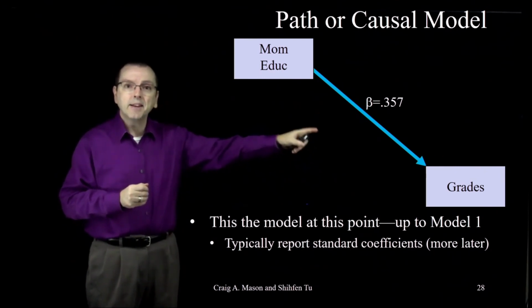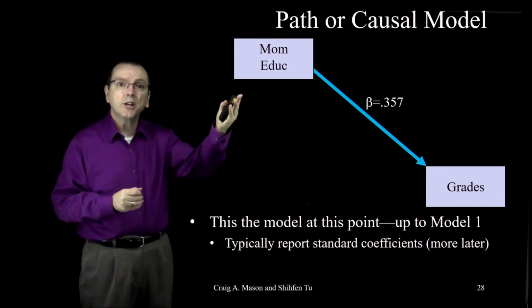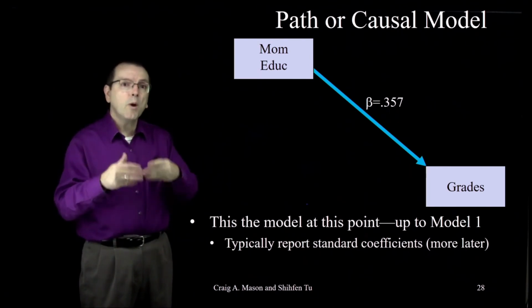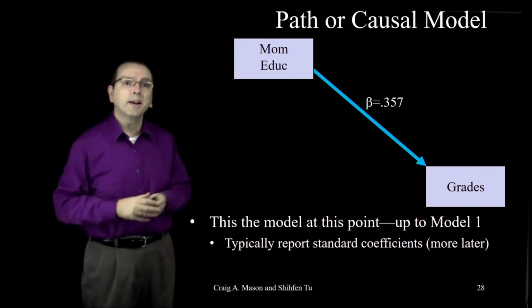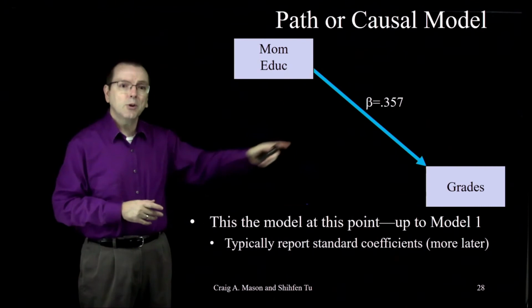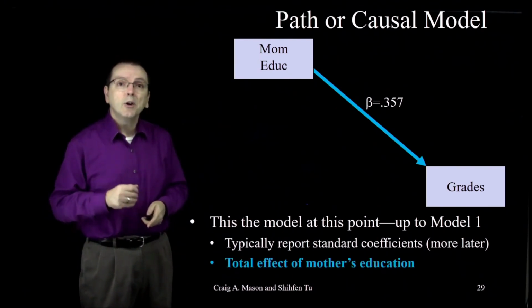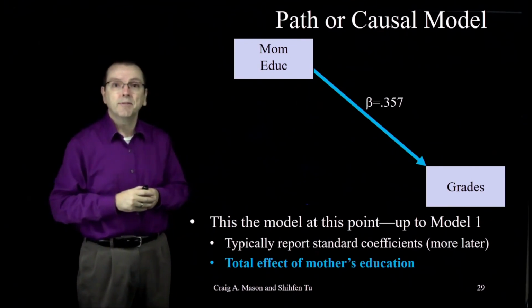So the path in this model is equal to the beta for mother's education in Model 1. Later on, when we cover path analysis, we'll see why we use betas. Okay? So again, this beta of 0.357 reflects the total effect of mother's education.